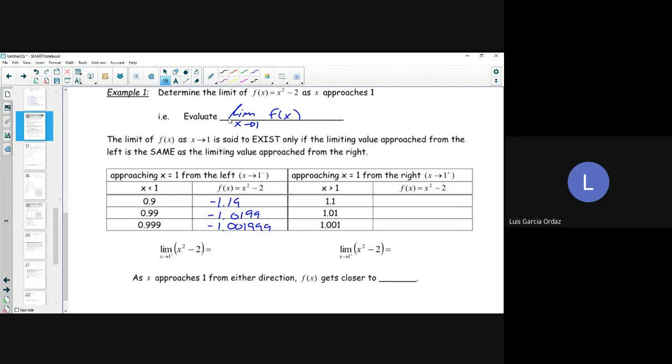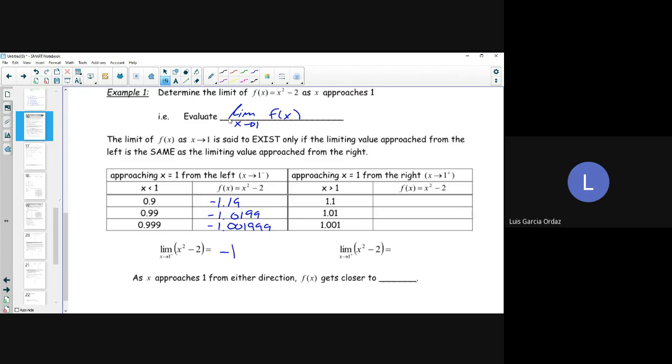So what is my limit as x approaches 1 from the left of x squared minus 2? What is it approaching? If we look at our table of values, what is it getting closer to? Negative 1. Thank you, Anna. It's getting closer to negative 1.